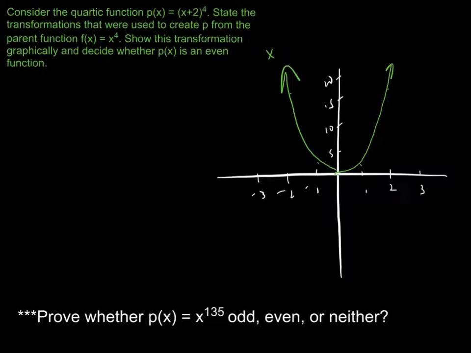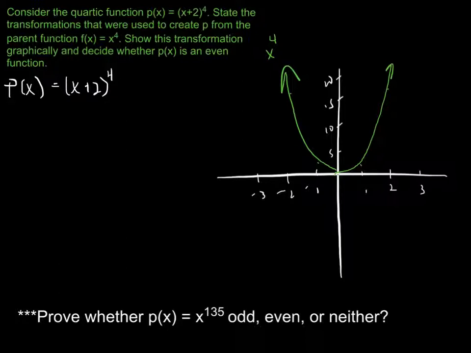All right. So at this point, we want to consider, okay, what happened to this function, x^4, so that I could now create p of x, which is (x + 2)^4, which is again going to be a quartic function, right? So the fourth power, but slightly different.